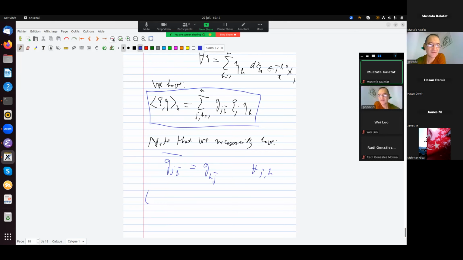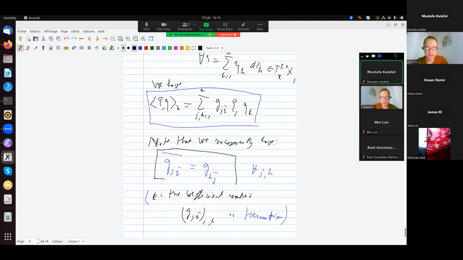So this means that the coefficient matrix g_{j\bar{k}} over j and k is Hermitian. This is the meaning of being Hermitian. It is the complex analog of being symmetric, right? In the real case, there is no conjugation here. So this property in the real case would be g_{jk} equals g_{kj}. In the complex case, we need to conjugate. So this is the Hermitian property.